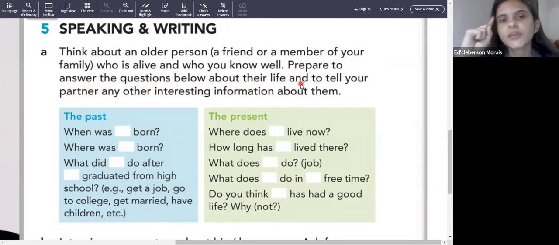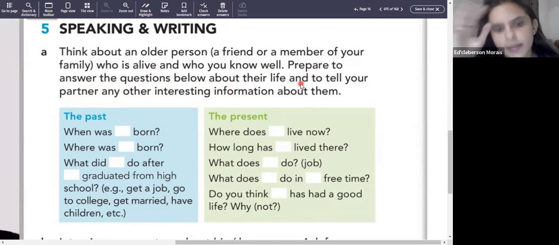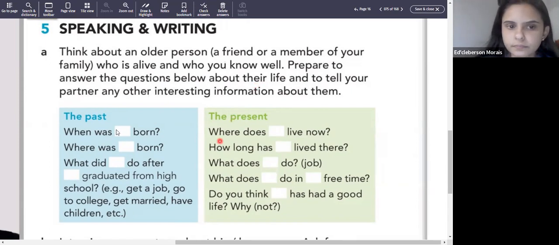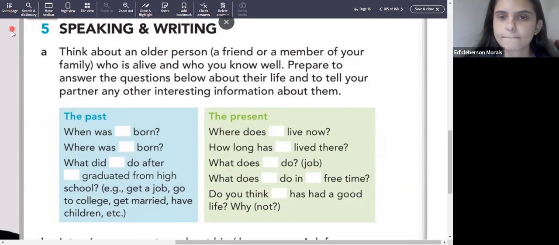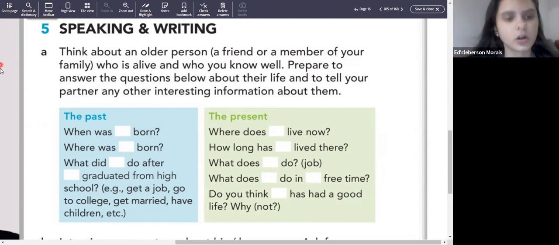So now think about an older person. Can be your grandparents, can be an old friend. And please complete the blank spaces here. Who are you going to put? My grandfather. Your grandfather. Awesome.